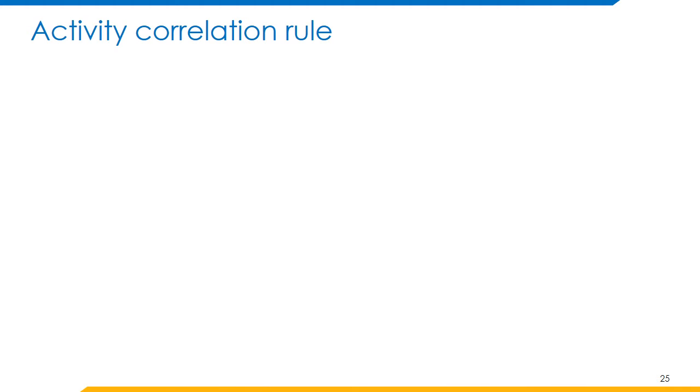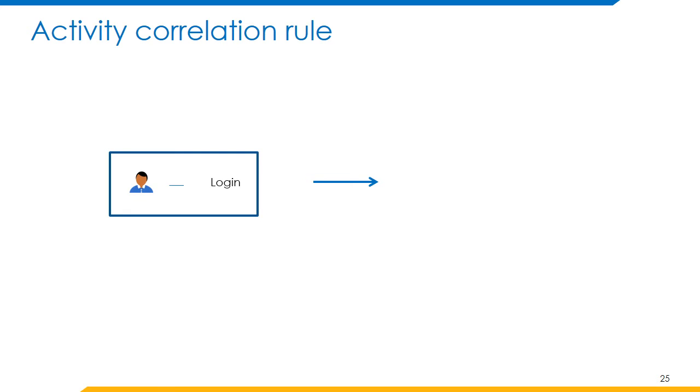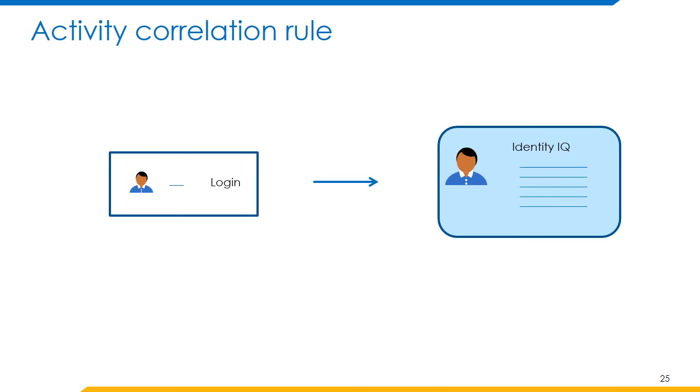Activity correlation rule. Once an activity object is created, just like a link, it needs to be correlated to some identity to which it could be related. Activity correlation rule shall take care of such correlations.